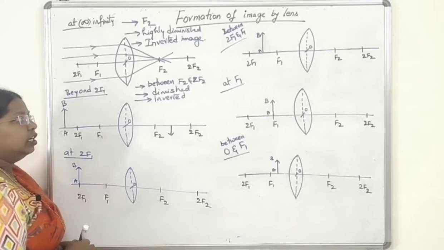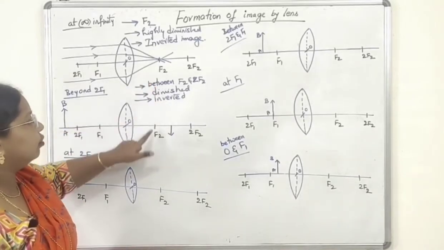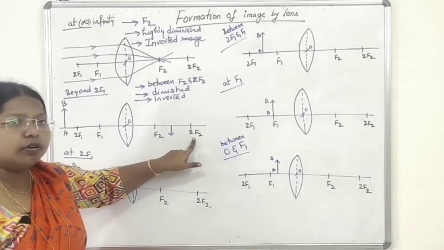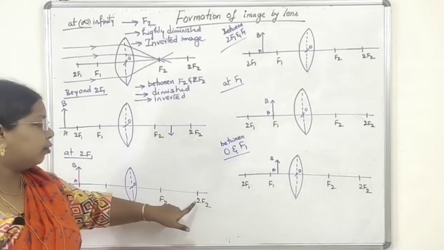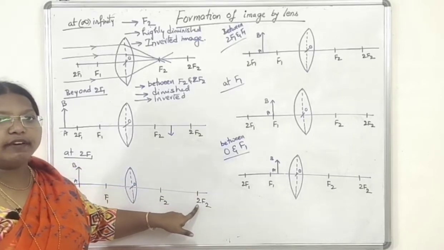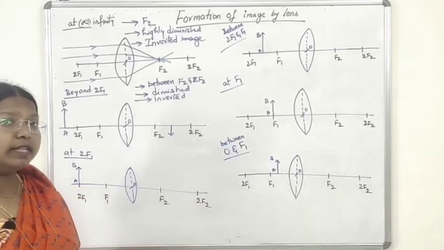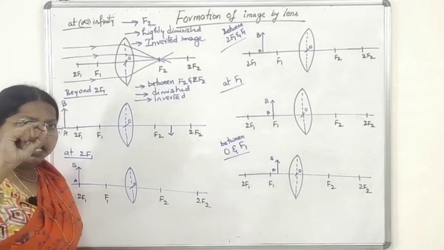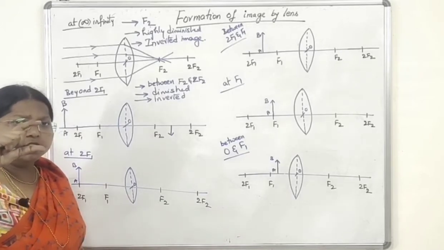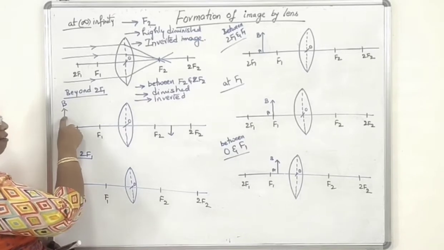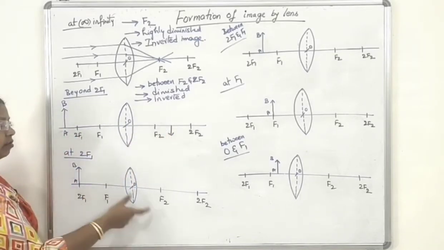So, initially it is at F2. Then it moved between F2 and 2F2. Then it will move to 2F2. So the position here is at 2F2. Then coming to the size: highly diminished, then diminished, now same size. Half of this we got now. Same size.